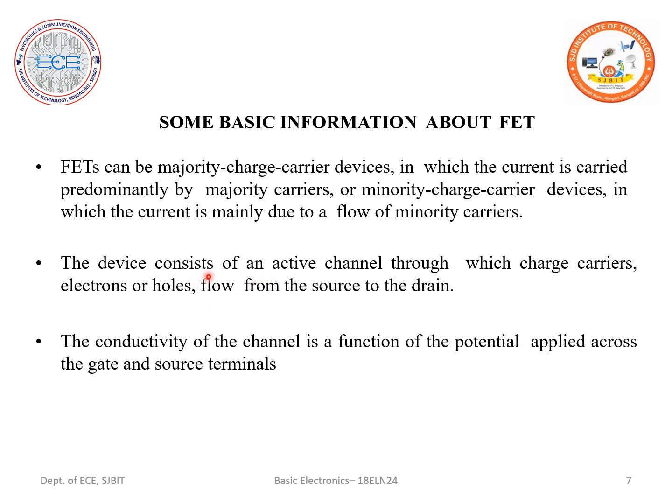The device consists of an active channel through which charge carriers like electrons or holes flow from source to drain. The conductivity of the channel is a function of the potential applied across the gate and source terminals.